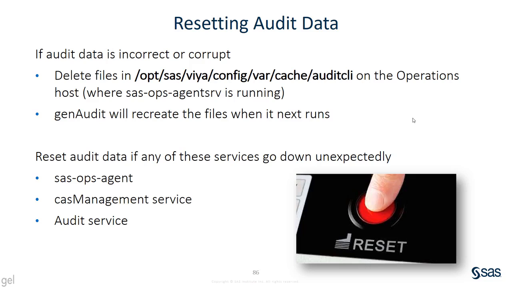So if you go to the operations infrastructure server that's running our agent, you see the directory there, and that's where the actual tables are stored for the auditing. If I delete it, the next time Gen Audit runs, it will recreate everything it needs. So it's just a real easy way to reset things, make sure that the system is up and reporting on most recent information.